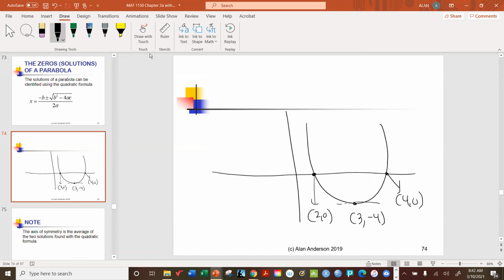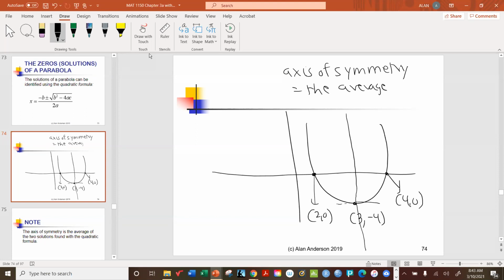Well, the axis of symmetry, by definition, is just halfway between these two solutions. And so that means that if you know the two solutions, the axis of symmetry equals the average of the two solutions, as long as they're real.